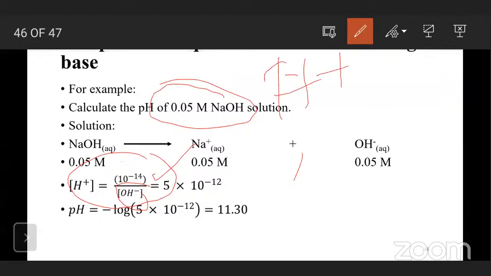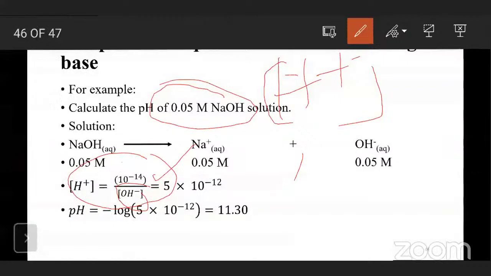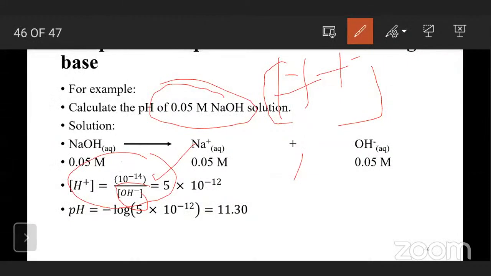The concentration of the hydrogen ion can be related to how many moles of the hydrogen ions you have when the acid dissociates. In this case also, how many moles of the hydroxide ions will you have when the base completely dissociates?